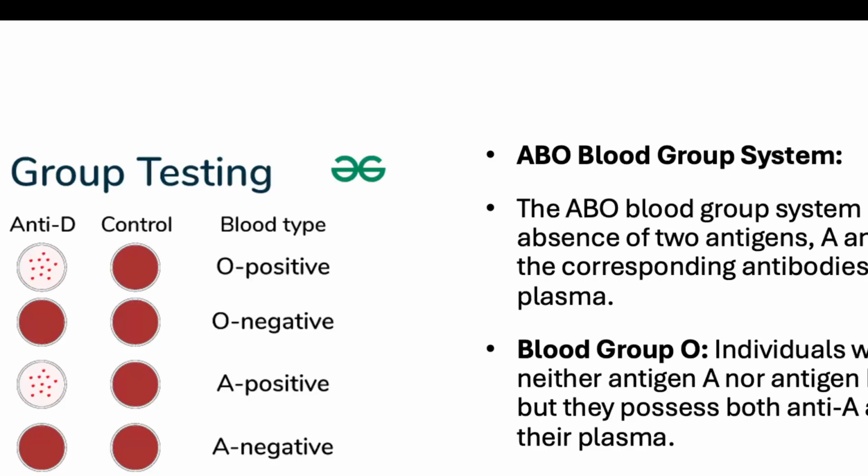While for the AB blood group, it has both antigens, so anti-A and anti-B will show agglutination, as well as anti-D if it is AB positive. So it is the other way around. Blood group O does not have any antigen on it, so it will not be agglutinated by anti-A and anti-B, but since it is O positive, it has the D antigen on itself, so it will be agglutinated by anti-D antibody.